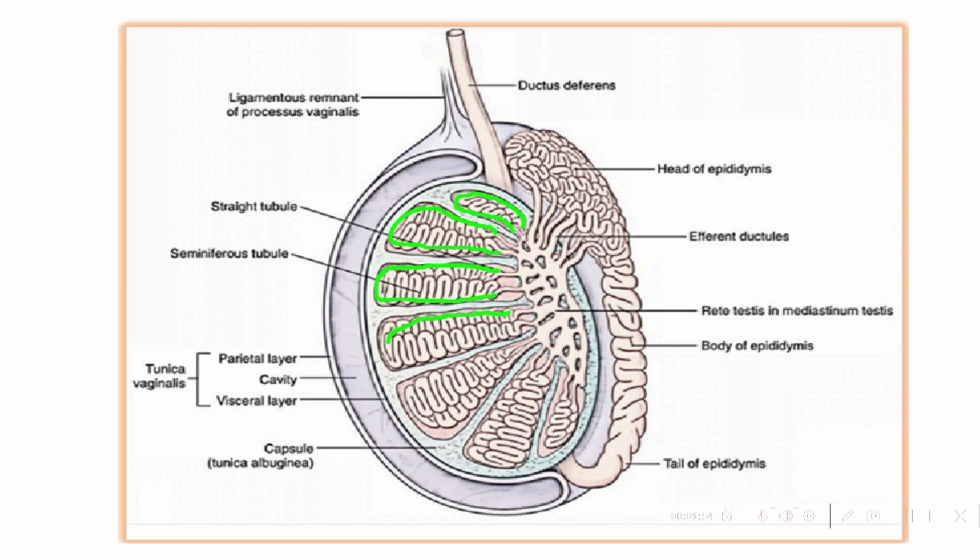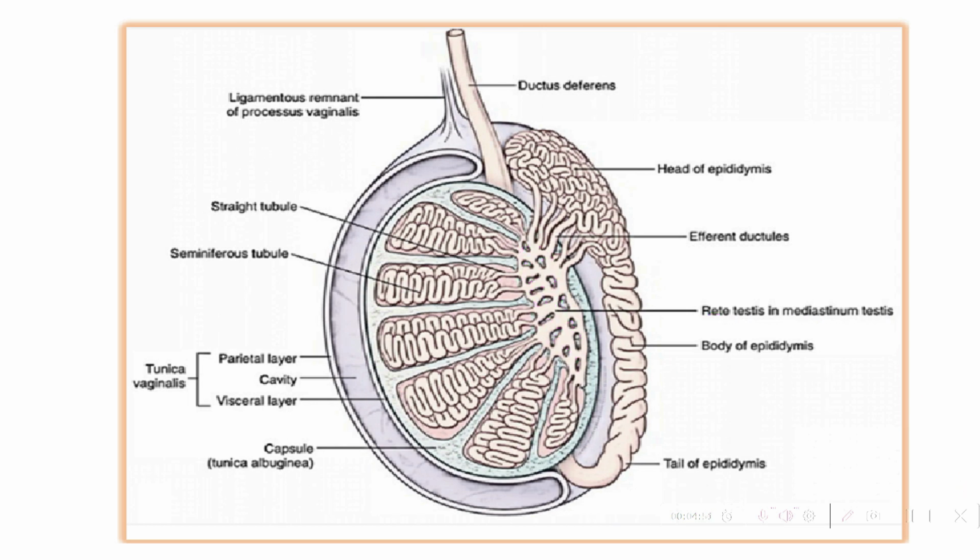Each seminiferous tubule is U-shaped and connected to a single short straight tubule that enters the mediastinum of the testes. Straight tubules are extensively interconnected, forming a maze of passageways known as the rete testis.